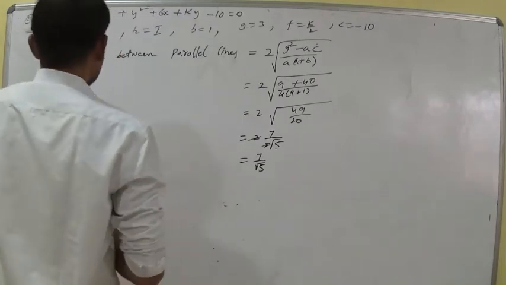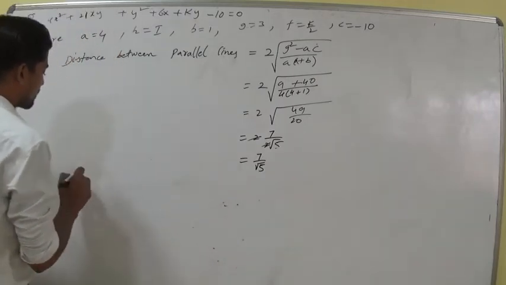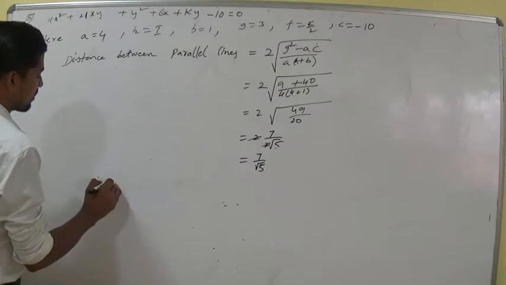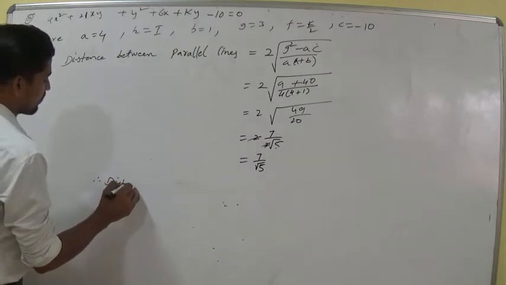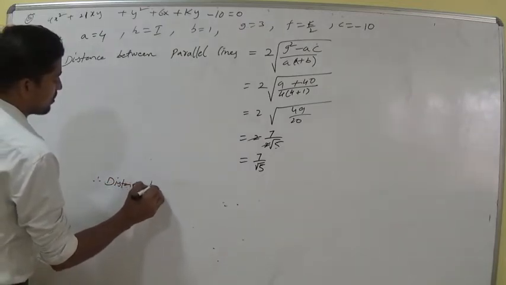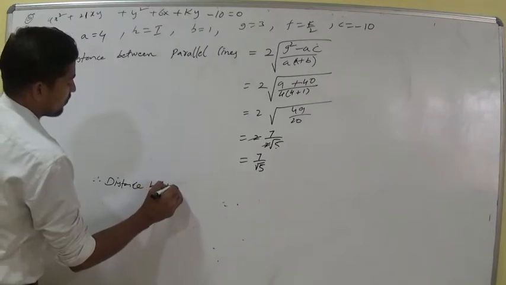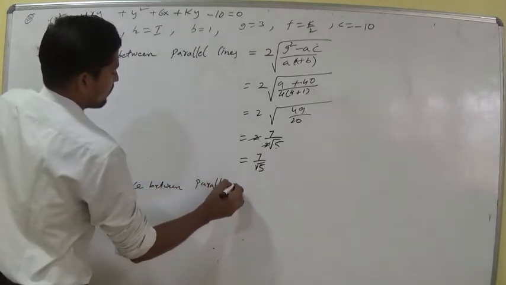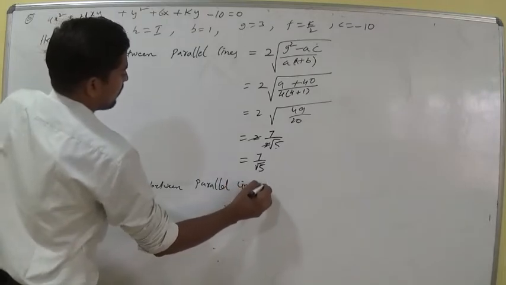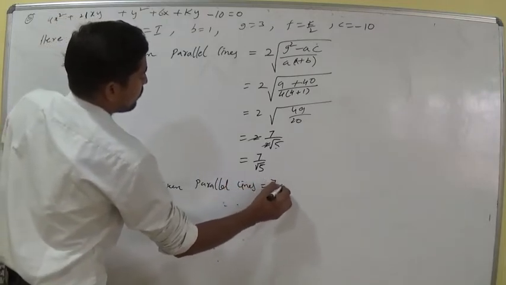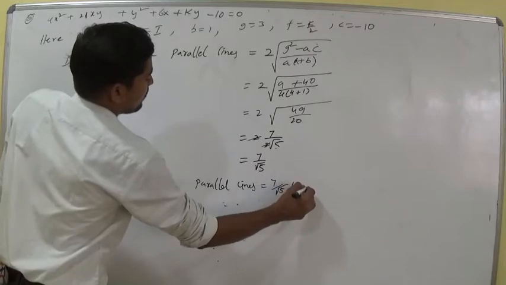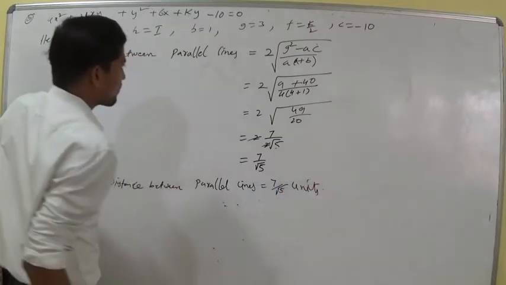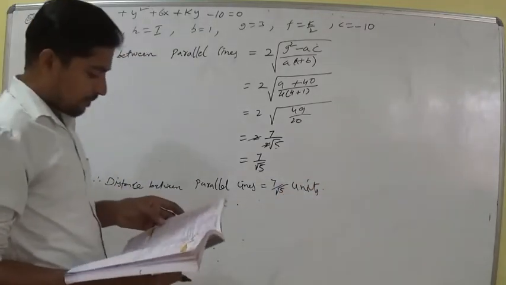Therefore, distance between parallel lines is equal to 7 by root 5 units. Right?